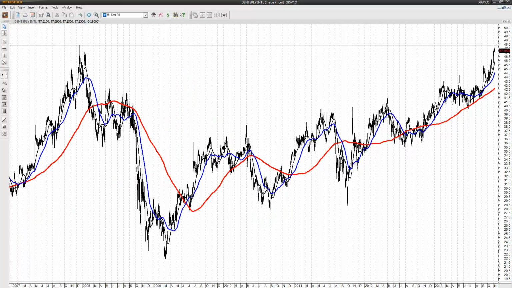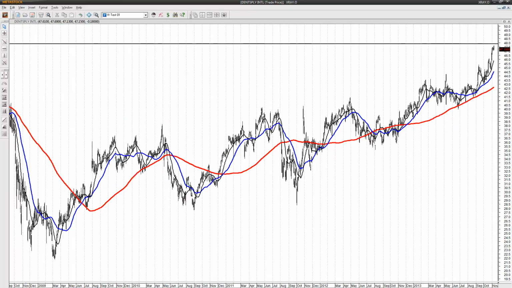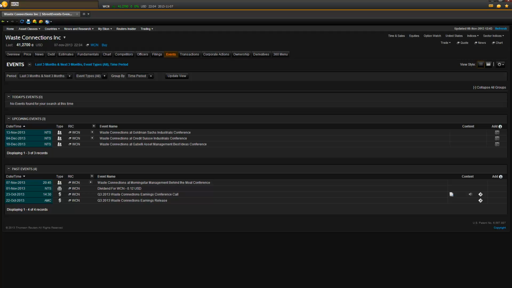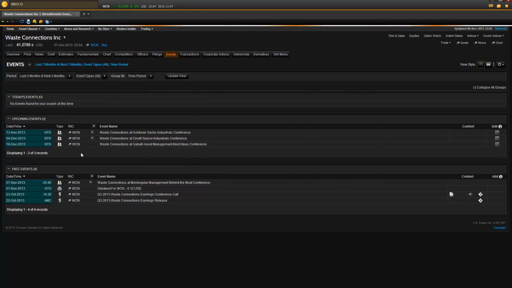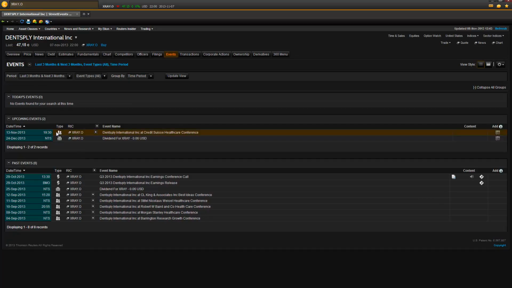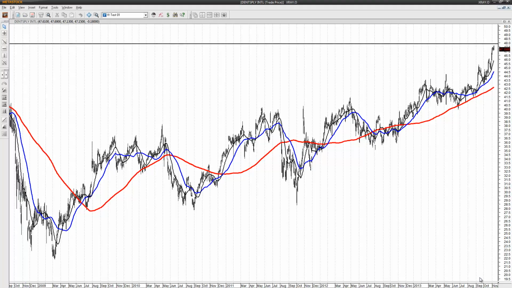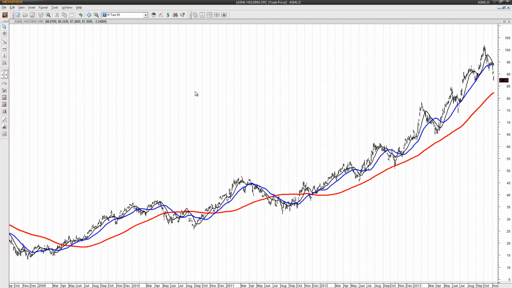That's the level I'm going to use for a retrace. Does X-ray have any earnings? No earnings for X-ray.